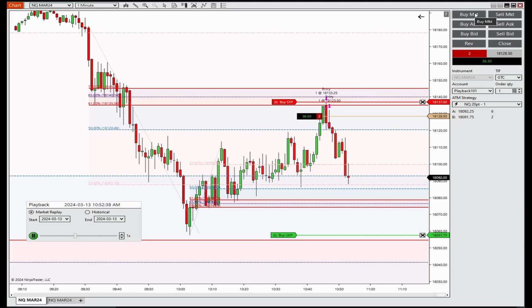We're about to hit our first target filled. Don't rally away from me, come on. Am I going to be a dick for a tick? I think I will, just because I'm still expecting this low.